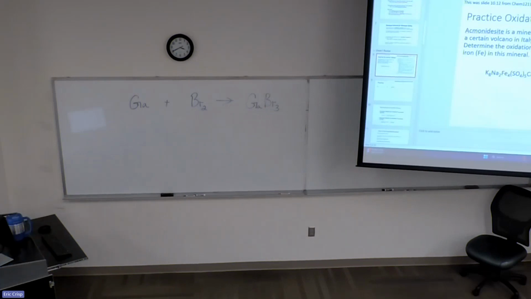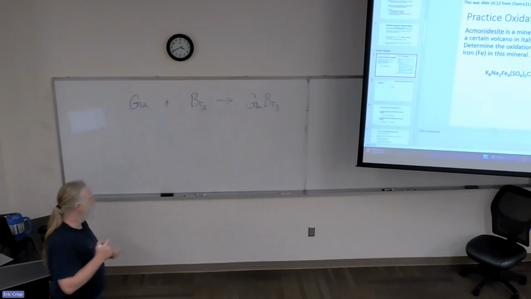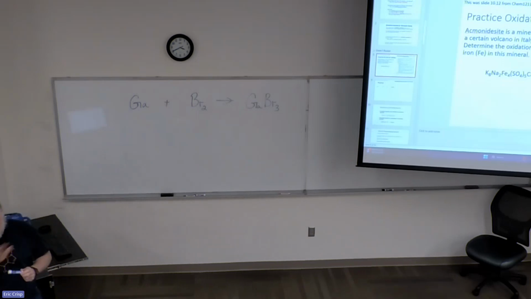So positives and negatives, y'all were talking about. What, like we did on that previous one where you figured out that iron was 2+? Using these rules over there, can we figure out anything in this guy? Anything? Yes, but the bromines are the same amount of bromines. Okay, don't balance it yet. We use the electrons to balance it. All right, cool. That's true though. You're right. We'll have to deal with that.